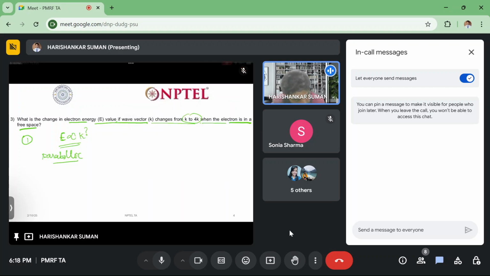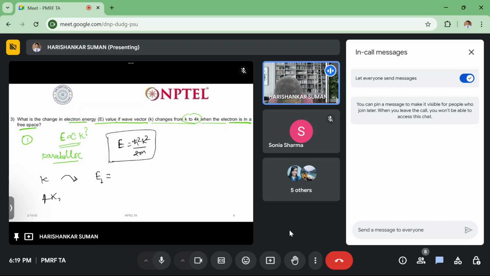So let me tell you the relation. This is the relation between E and k. Now read the question. If the wave vector changes from k to 4k, let's say for k the energy is E1, and for 4k the energy is E2.